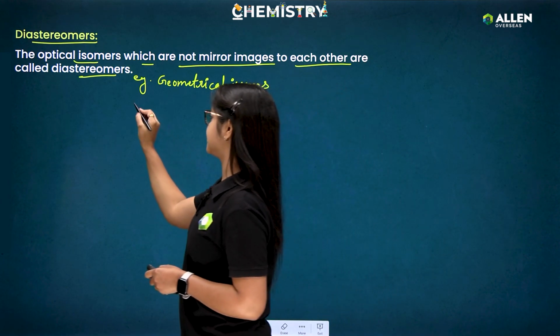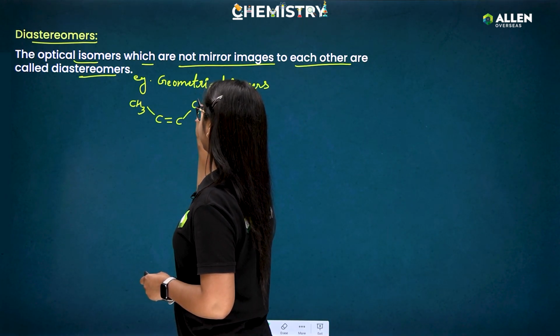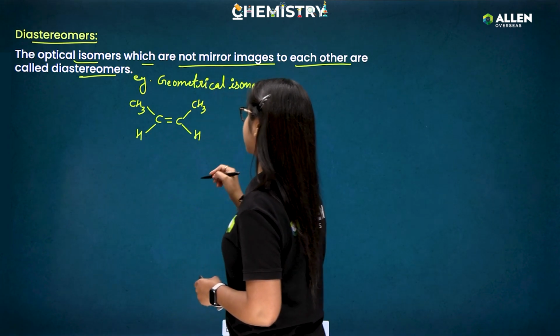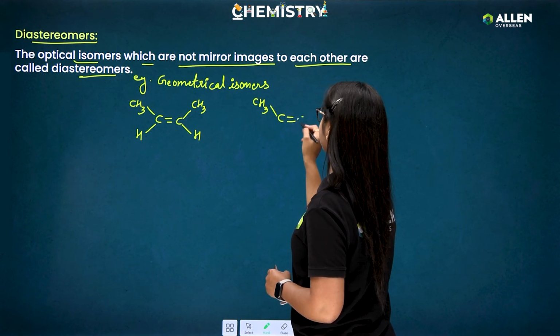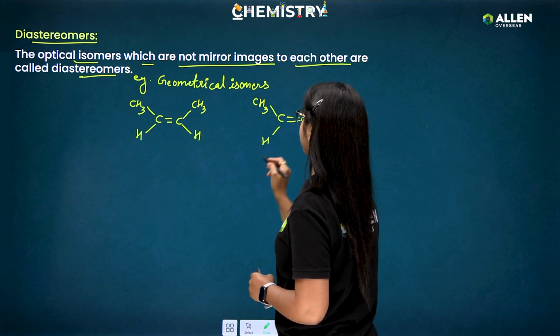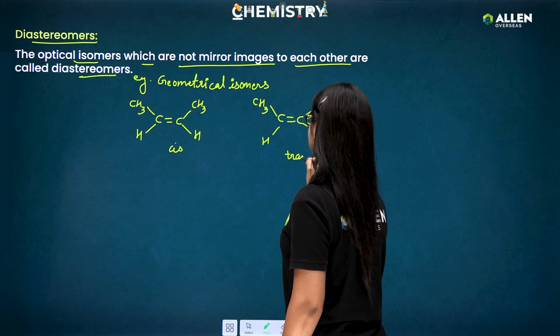For example, if I take the very basic example, okay, this is the cis isomer. If I take the trans also, this is the trans. Okay, this is cis, this is trans.